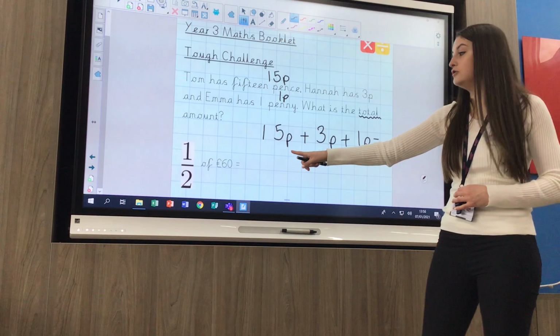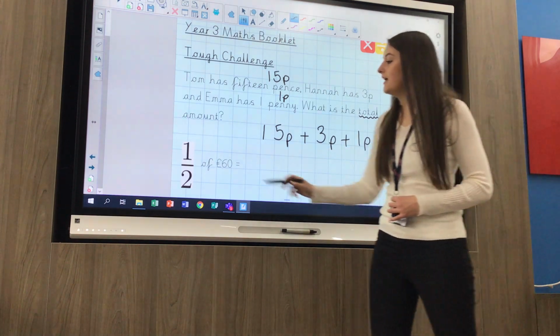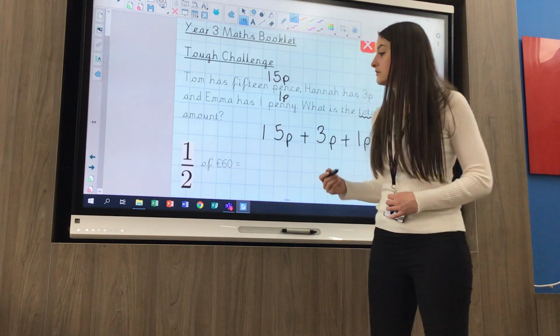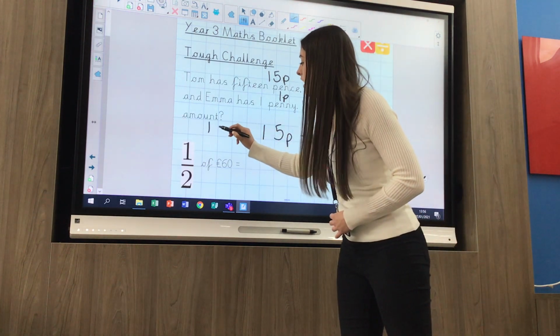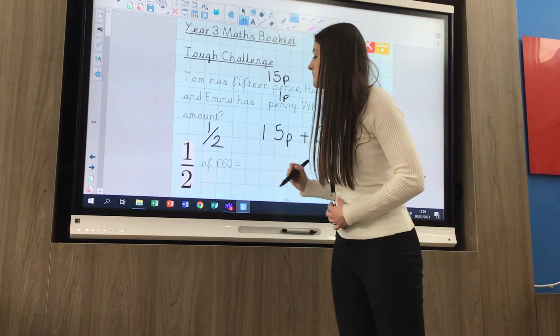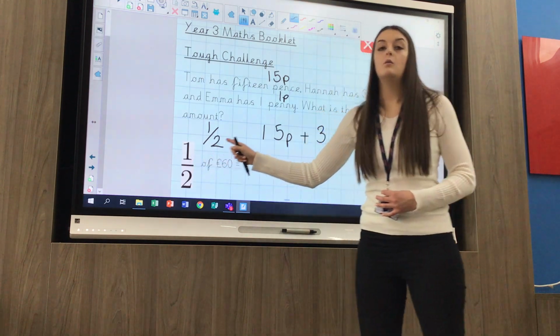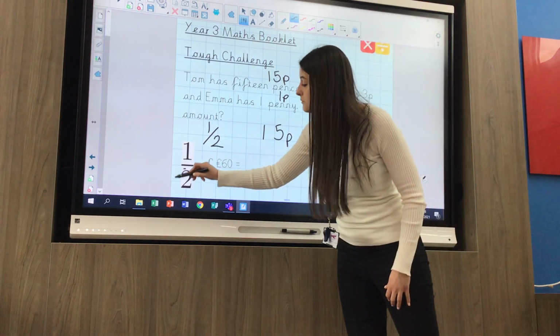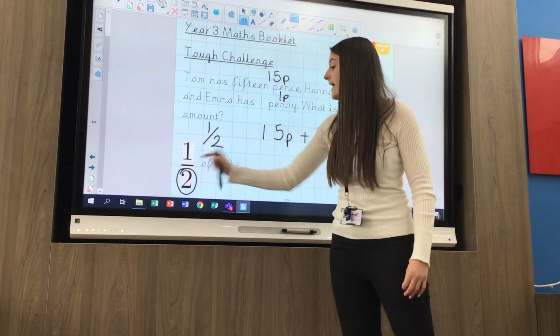Let's have a look at another similar question you've got. So we've got here half of £60. Now in your books they may have wrote the fraction half like this, okay? Now when we know we're halving, it means we're splitting it into 2 equal groups, and our denominator tells us that.